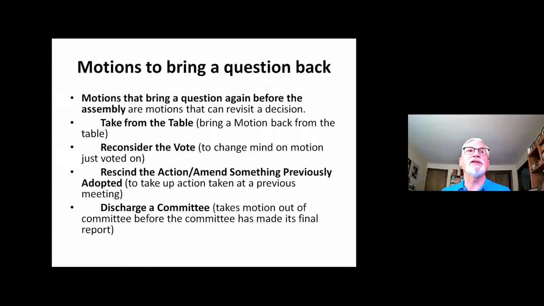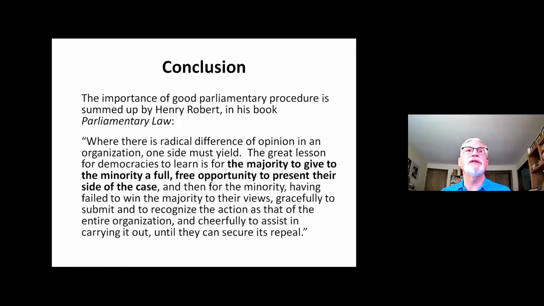And you can bring a question back by certain other motions that are listed here, and normally we don't see that too often. So to conclude, Henry Robert in his book Parliamentary Laws said, where there's a radical difference of opinion in an organization, one side must yield. A great lesson for democracies is to learn that the majority should give the minority a full, free opportunity to present their side of the case.